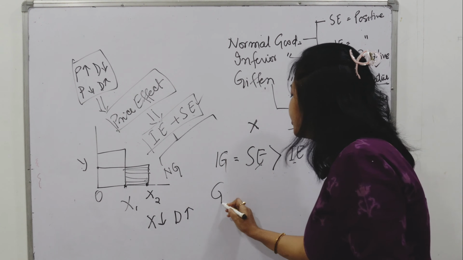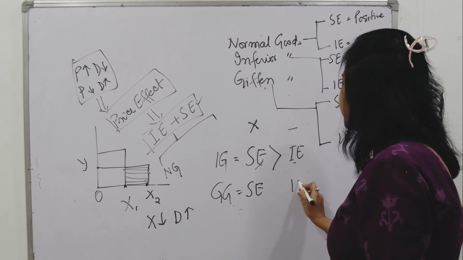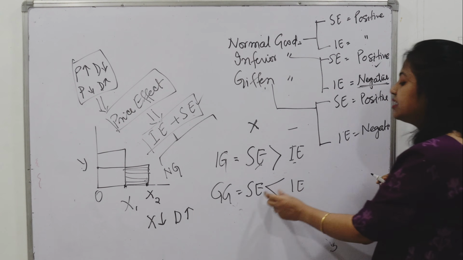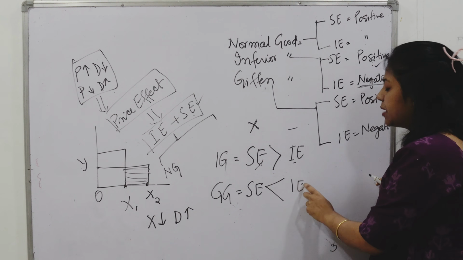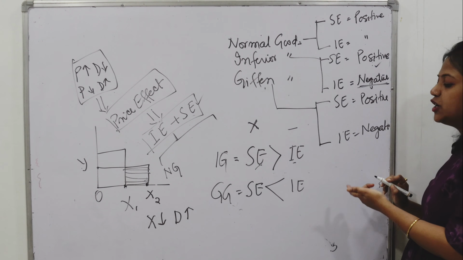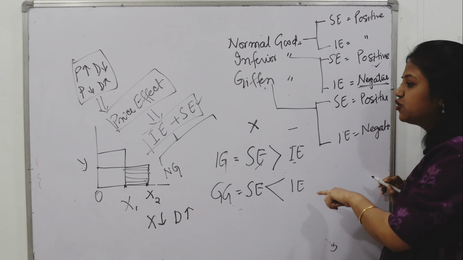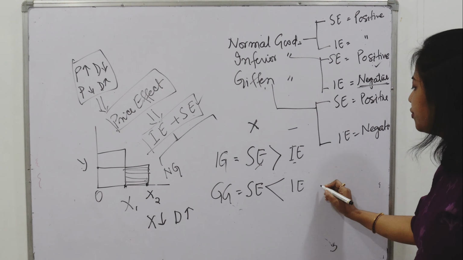But in case of Giffen goods, you have the substitution effect, you have the income effect, but your income effect is stronger than the substitution effect. That means as your income rises, you will buy less of that commodity and you will switch over to more of the normal goods.